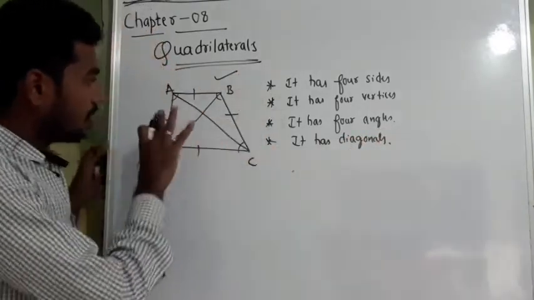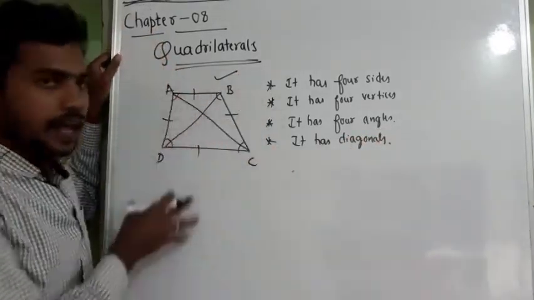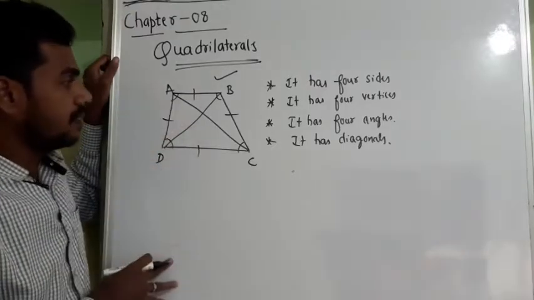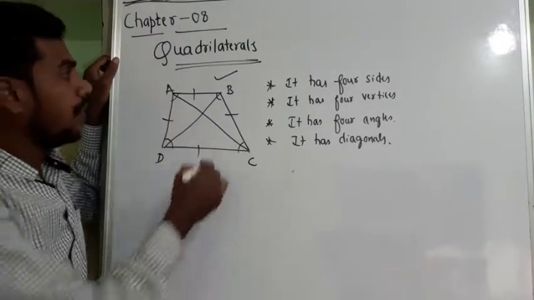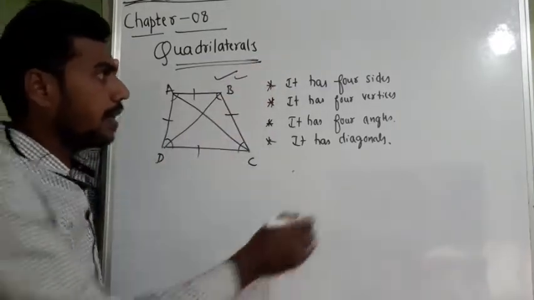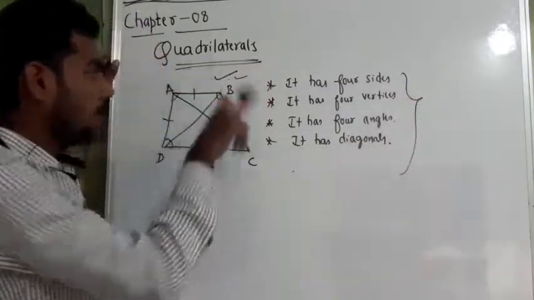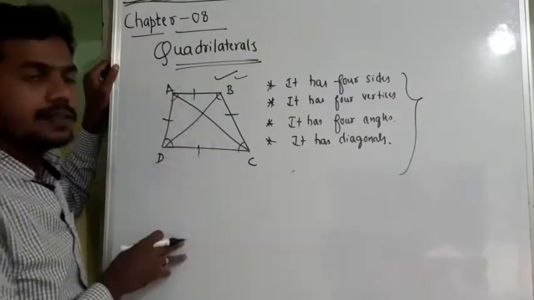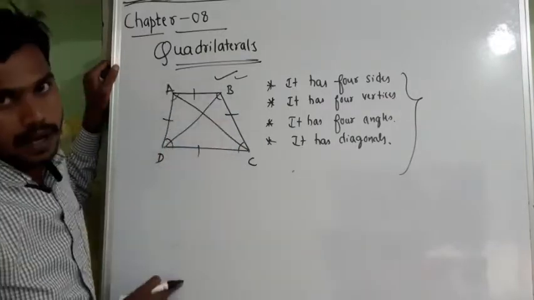Based on the relationship between the sides and angles, we are going to classify quadrilaterals into different types. So before that, a quadrilateral has four sides, four vertices, four angles, and two diagonals.